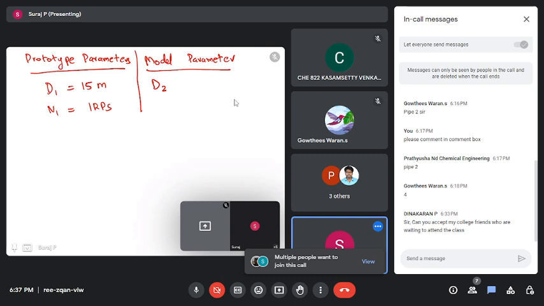In case of the Reynolds number, there is no frequency in this. So we can convert the frequency as pi into n into d. This statement is already given in the question. The velocity of the propeller tip is pi into n into d.